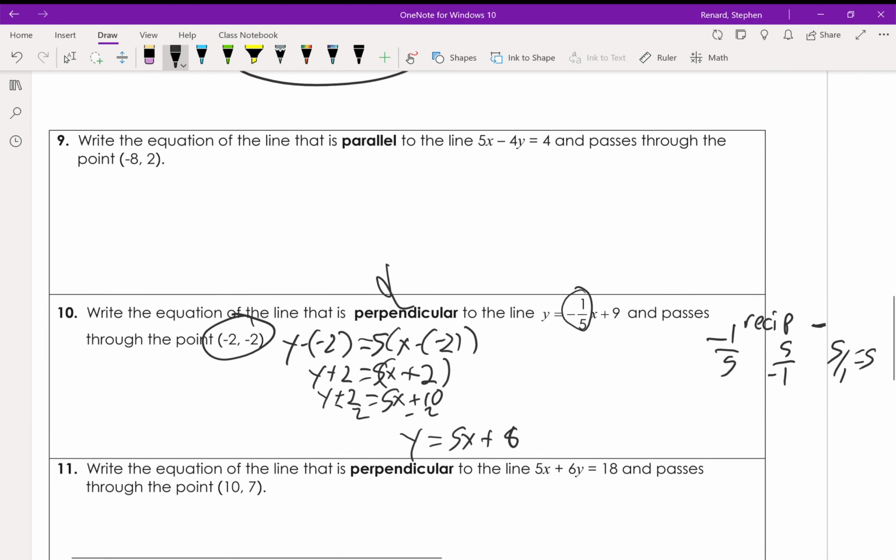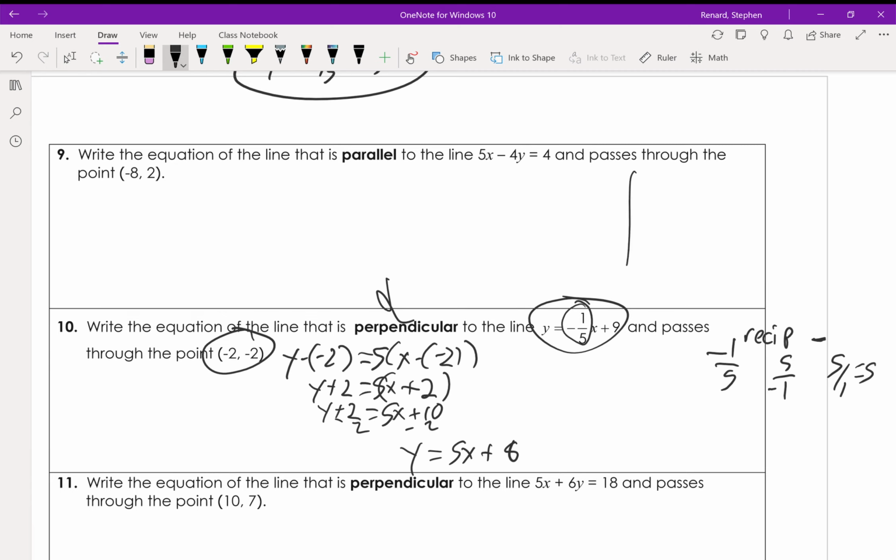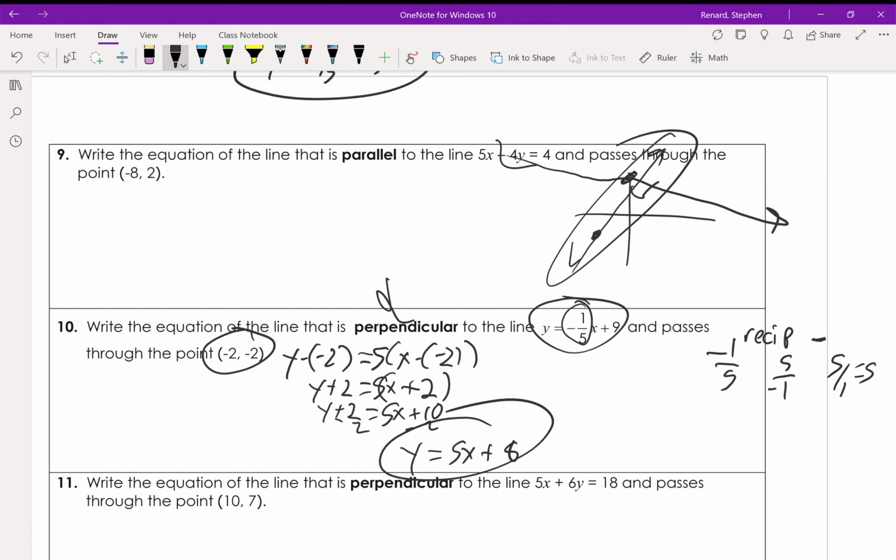So again, this line right here, with a slope of negative 1/5, the perpendicular would go something like that. Super accurate there, as you can see. And then there's this point over here, negative 2, negative 2, and we want to know what line goes perpendicular to that. So this is the slope of the line that we just found, 5x plus 8. If we did this on a graph, it would probably be prettier.